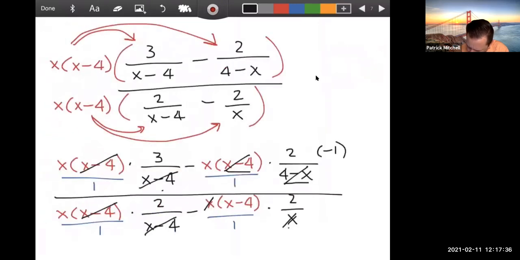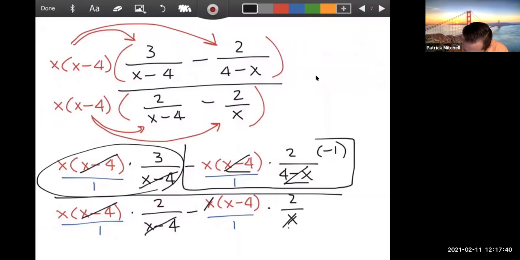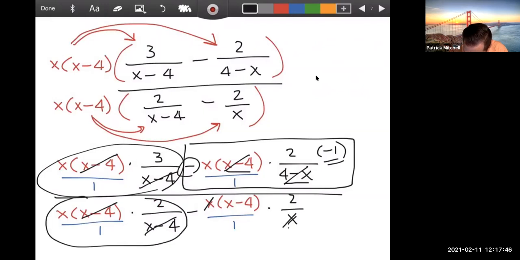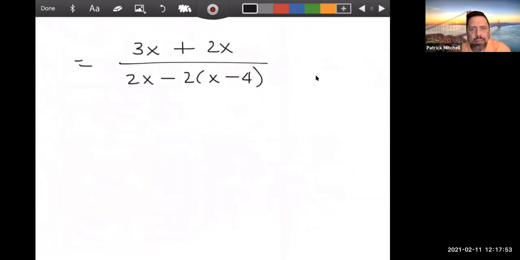Here is the 3x. Here is the plus 2x. That negative 1 turns this into plus. Here is the 2x. And here is the minus 2 times x minus 4. This is where I miss having a real whiteboard. All right, 3x plus 2x is 5x.